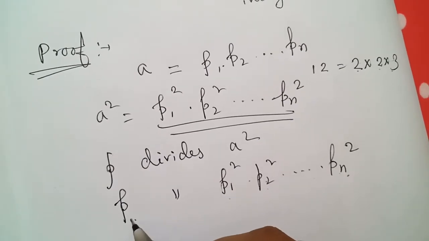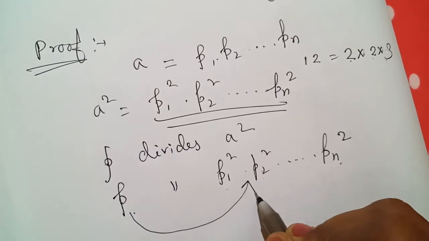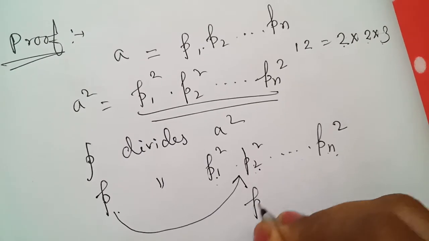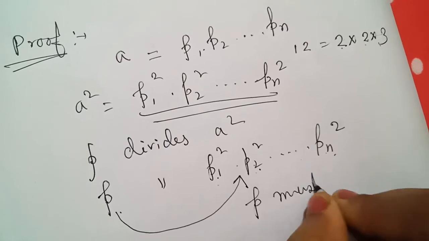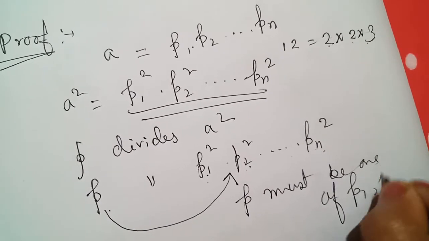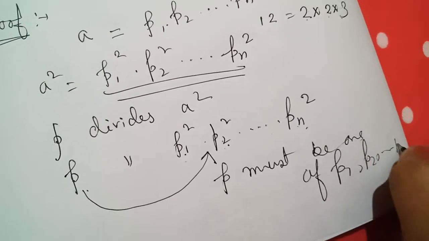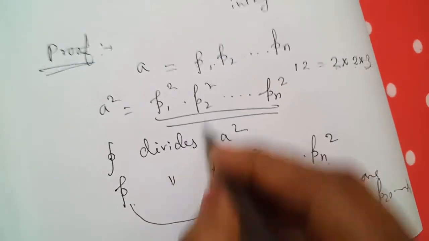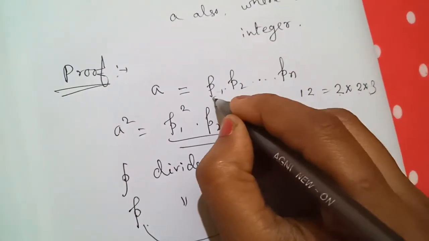That means P must be one of P1, P2, dot dot dot Pn. And it means that P is there anywhere here.